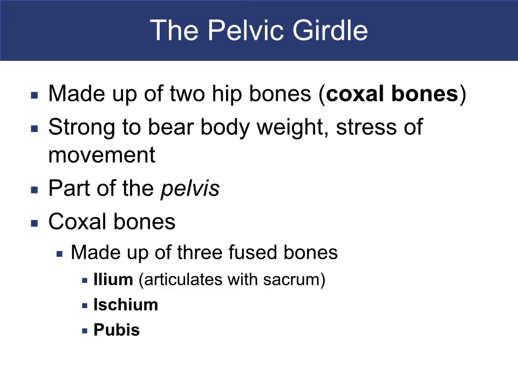So these 2 coxal bones, and that's a coxal bone, are made up of 3 bones: the ilium, which is this part up here, the ischium, which is this part down here. This is the ischium. This is what you sit on. You sit on your ischium bones. And then the pubis, which is this front part up in here, where the 2 fuse together.